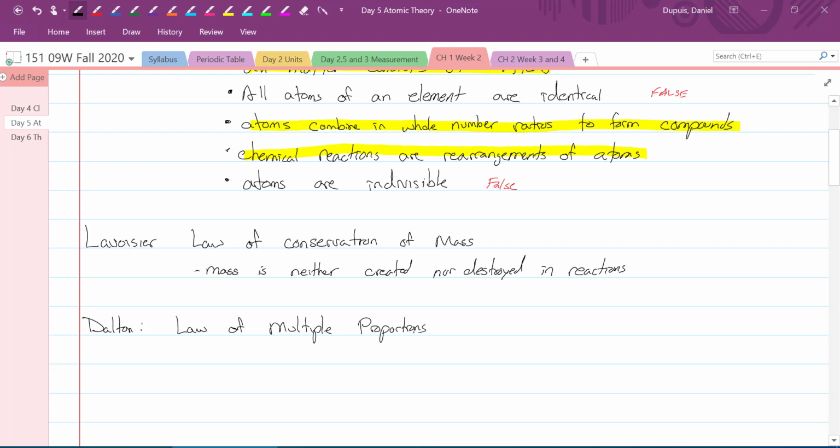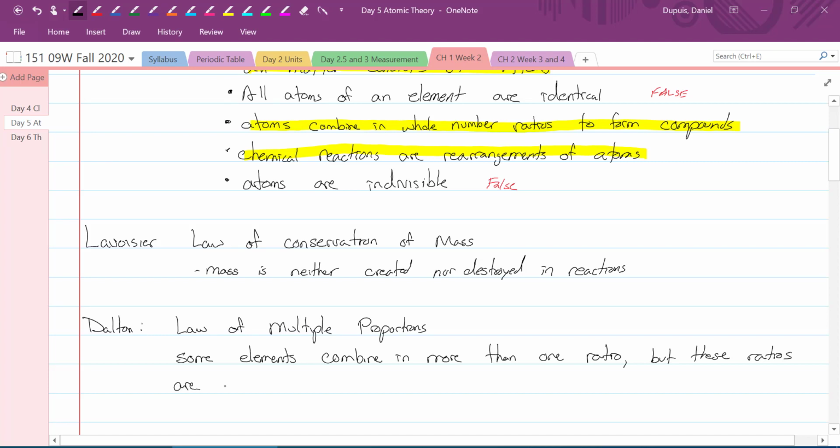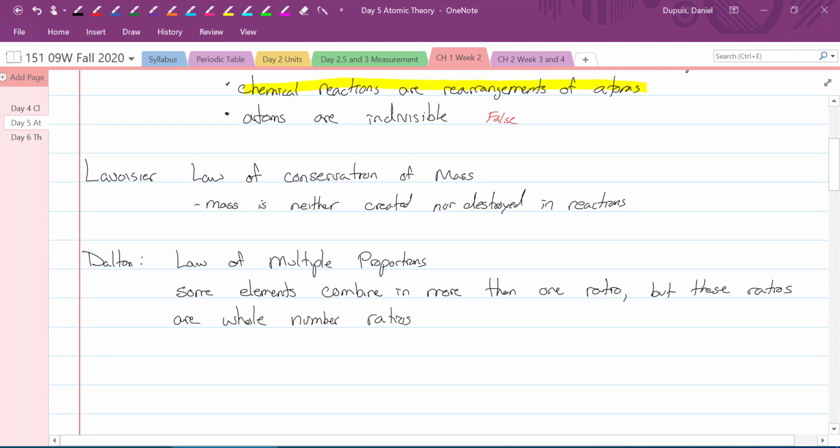And this is some elements combine in more than one ratio, but these ratios are whole number ratios, such as N2O, NO, NO2.